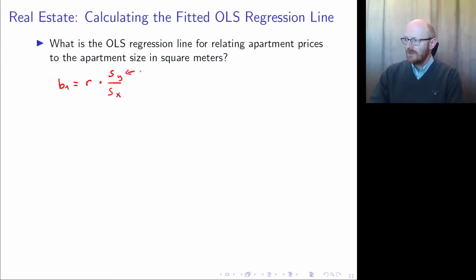This is for the price, and this would be for the size in square meters.